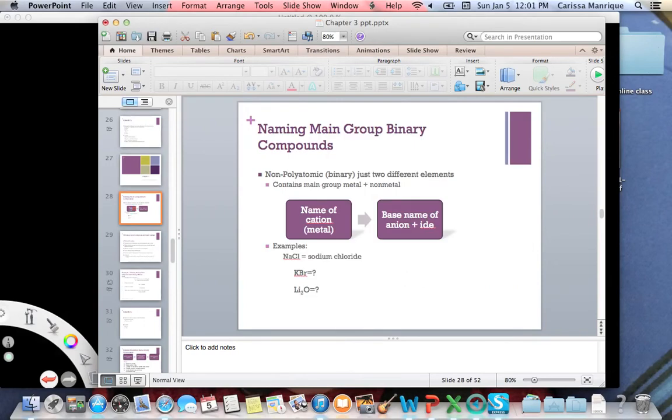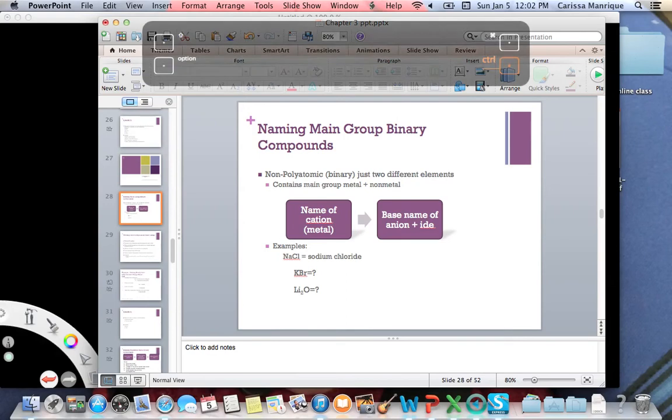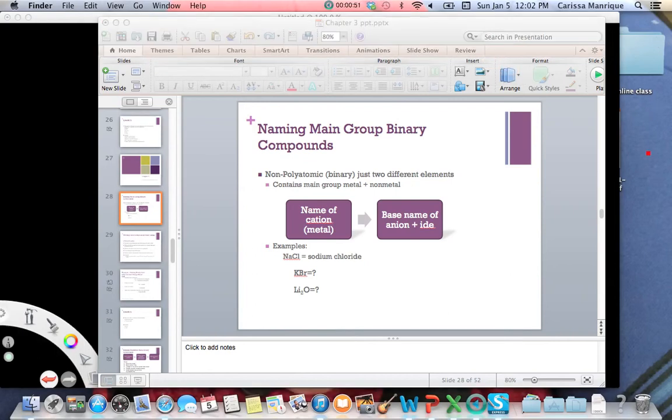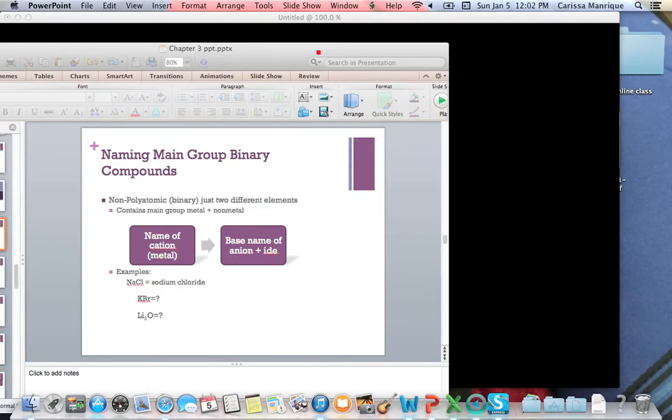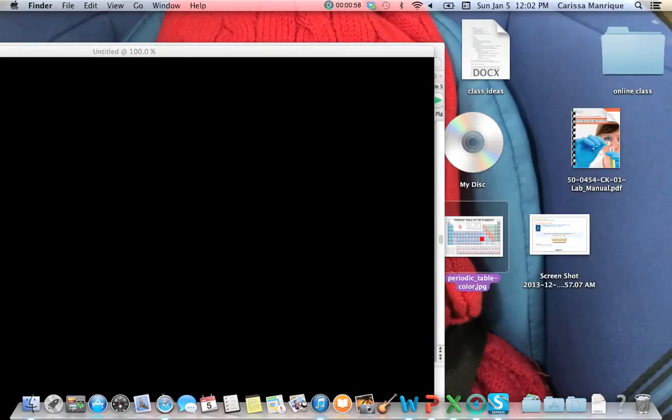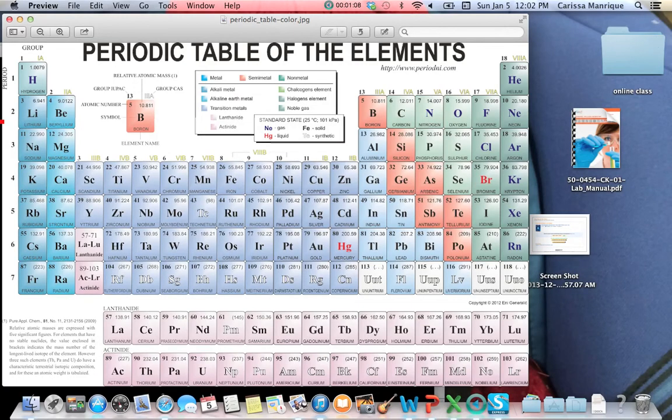So the first type of naming we're going to look at is main group naming. Let me show you the periodic table. Main group, if you remember from chapter 2, is going to be these groups here.